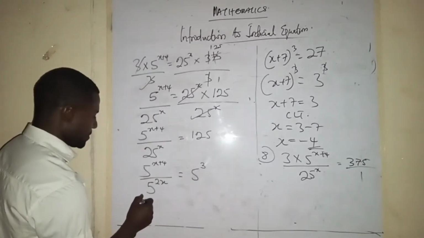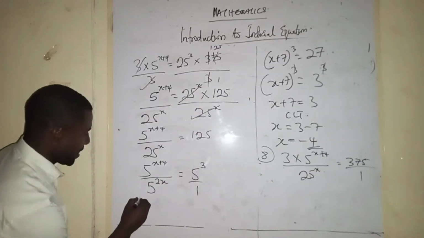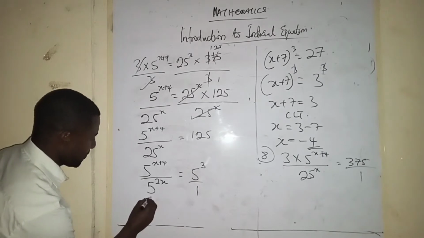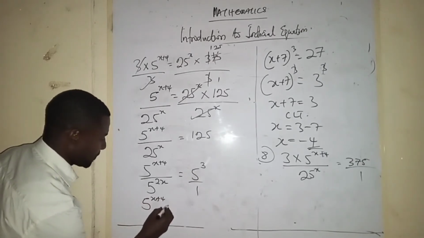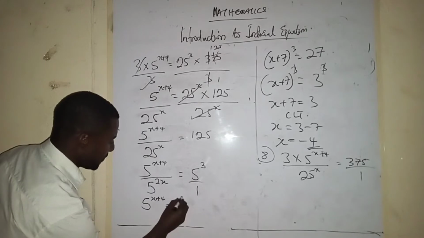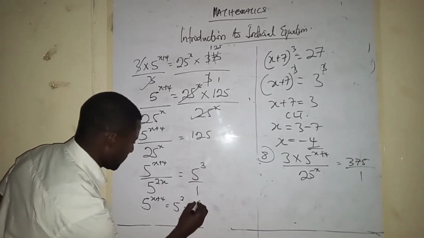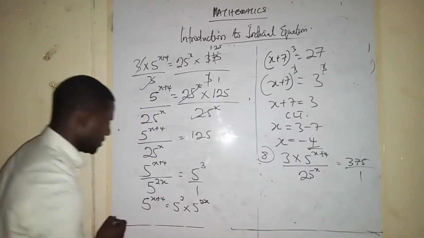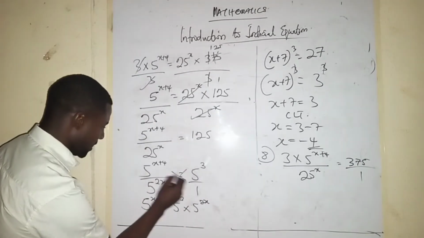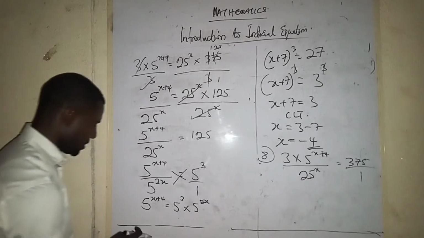Now from this place here, we cannot leave it like this. 5^(x+4) is equal to 5^3 times 5^(2x). I cross multiply it again because I'm seeing another similarity there.